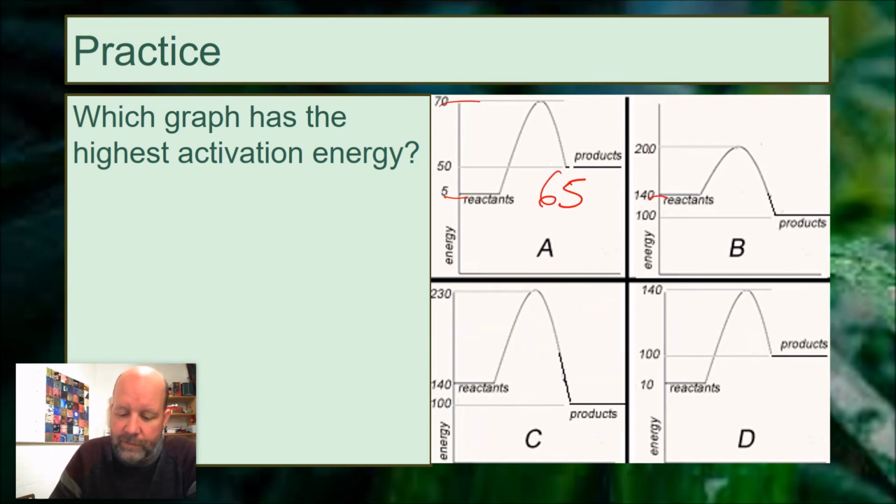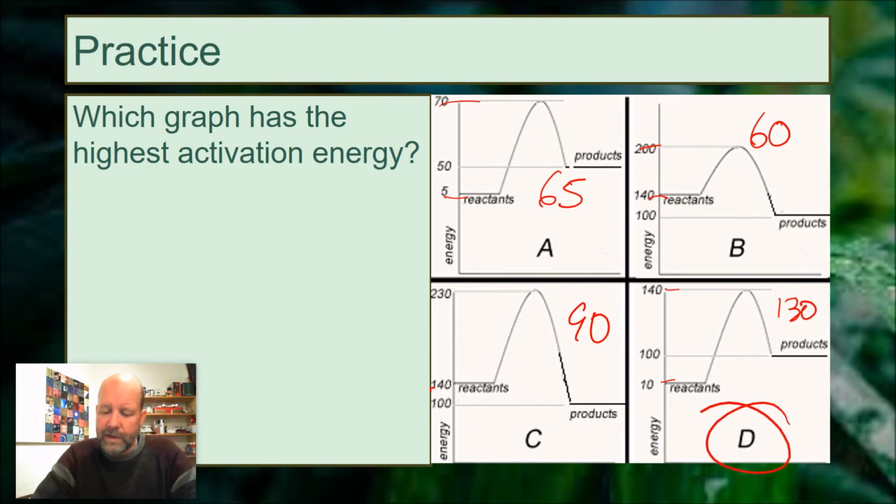This is 140 and 200, so this is like a 60 activation energy. This is 140 and 230, so that's like 90 activation energy. And then this last one is 10 and 140, and so that makes it 130 activation energy. So D has the highest activation energy.